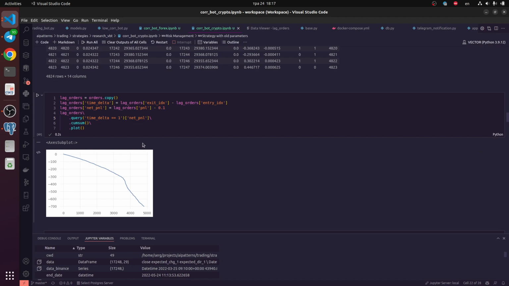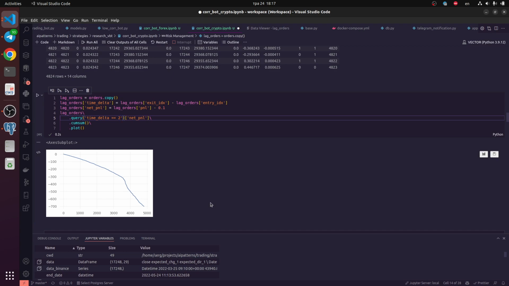It means we should exclude this data from our trading strategy. We should define what factor influences these parameters, and we should work in this direction.